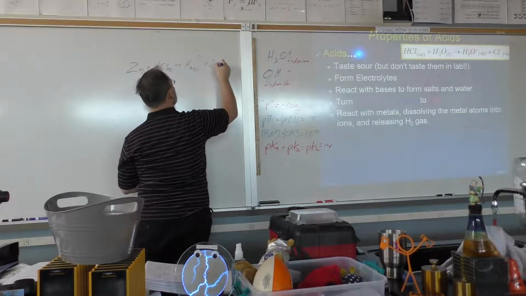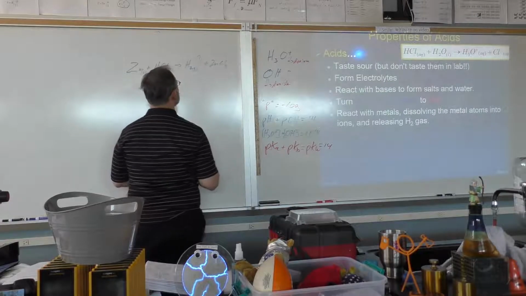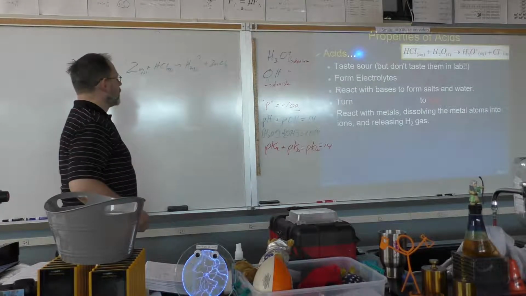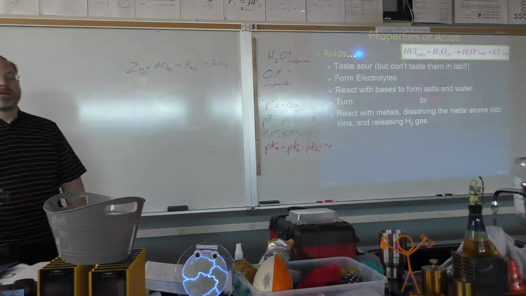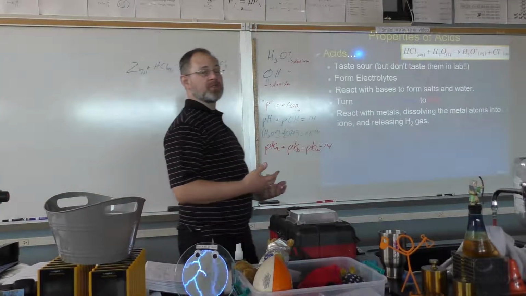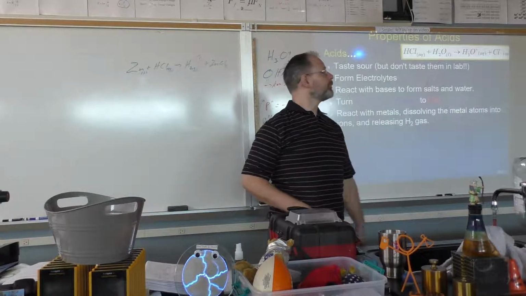And you made zinc chloride, which for the most part just left it behind, aqueous-ish. Okay. So this is what happens when acids encounter metals. They tend to release hydrogen gas, and then make something else.